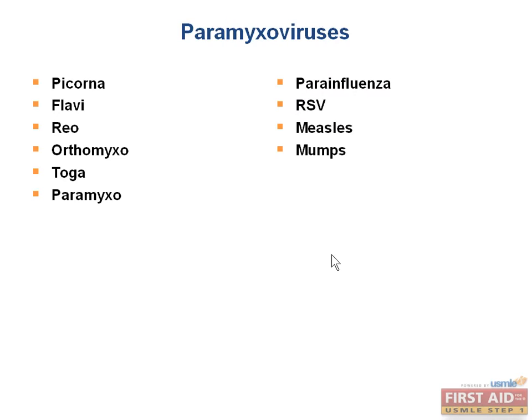Alright, so we're continuing with the list. The paramyxovirus family contains the following viruses: parainfluenza, RSV, measles, and mumps. Paramyxoviruses are the most important causes of respiratory infections in infants and young children under the age of 5. Let's start with parainfluenza. Parainfluenza can cause the common cold and croup.